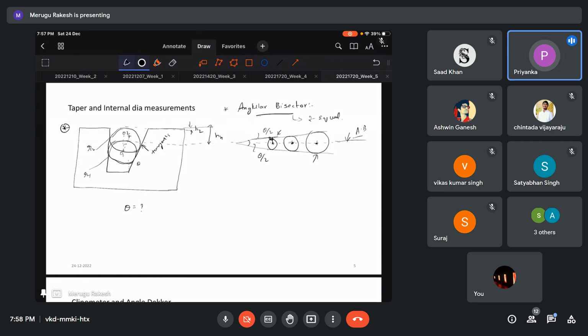Sir, H2 is the distance between. This is a very small difference, so let me increase this. This is the H2 value, and this is the H1.